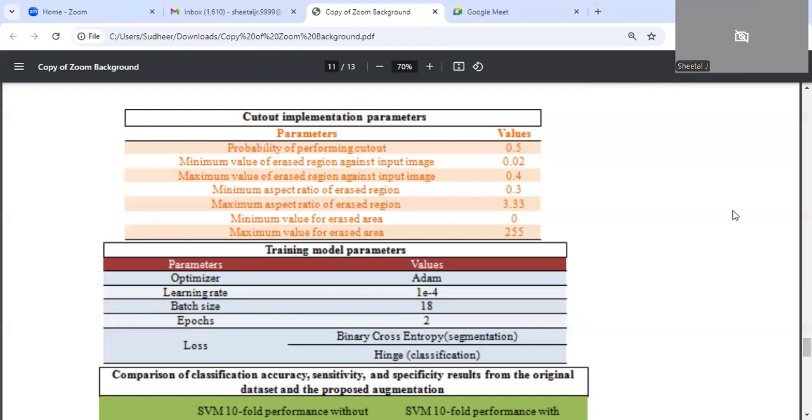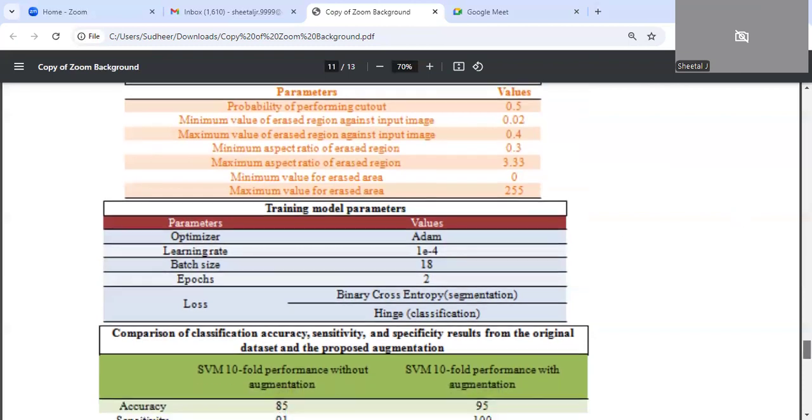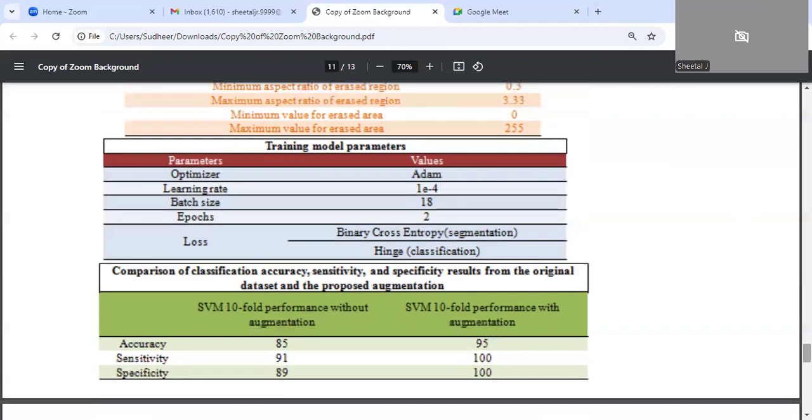Hinge loss is considered to give better accuracy. It is able to classify linear and non-linear, that is lesion and non-lesion. For classification, SVM is being considered, which is a binary classifier. Since we have only two data sets here, GP and PNP, we are considering only the binary classifier. If we have more images, then we can go with a multi-class classifier.